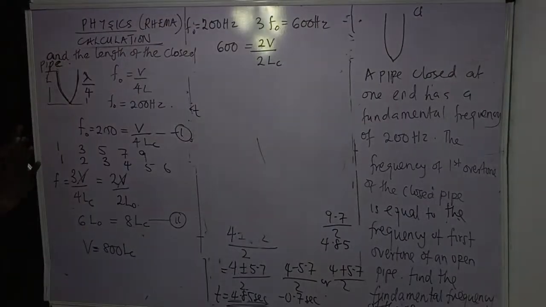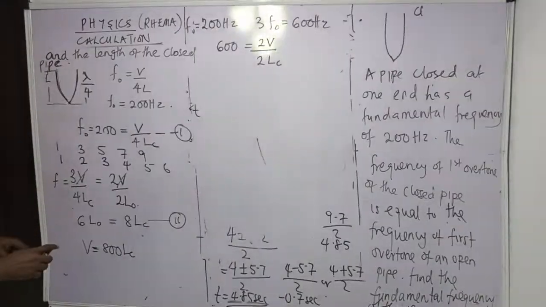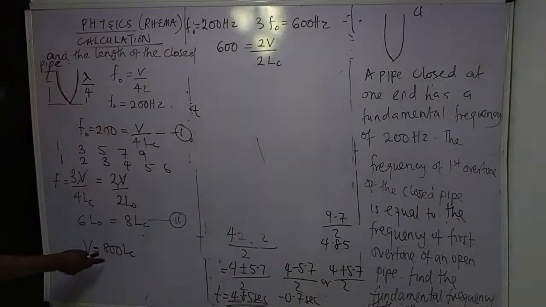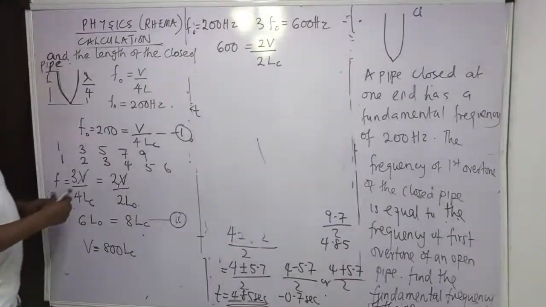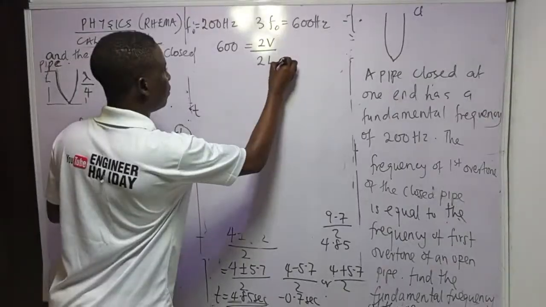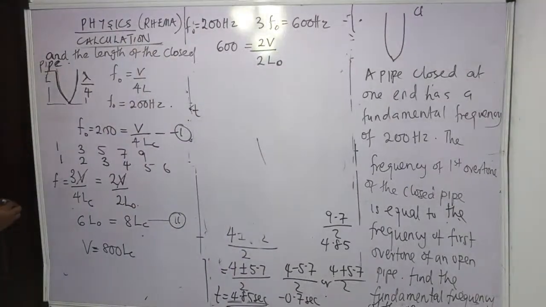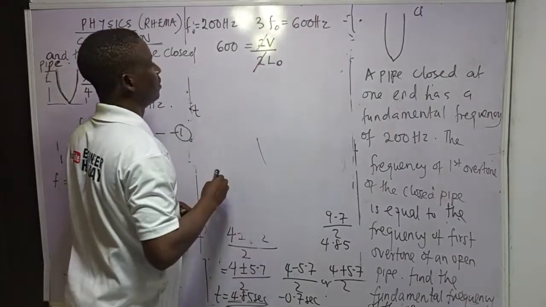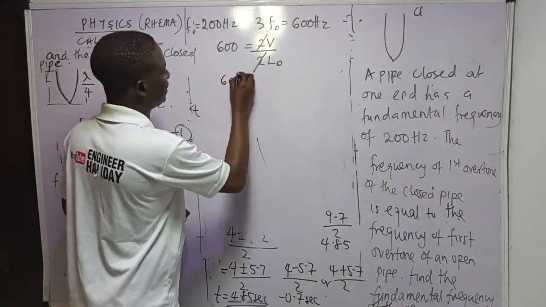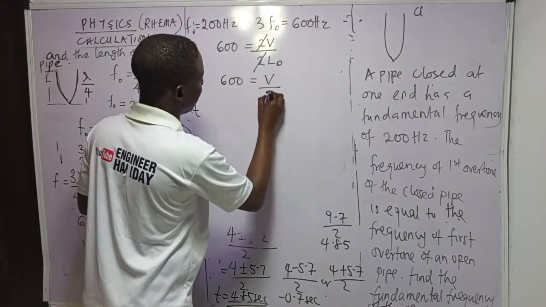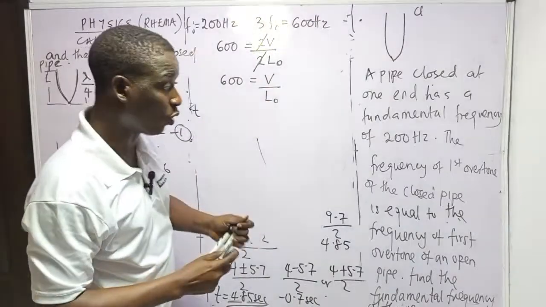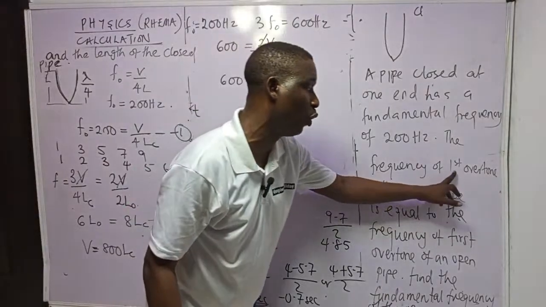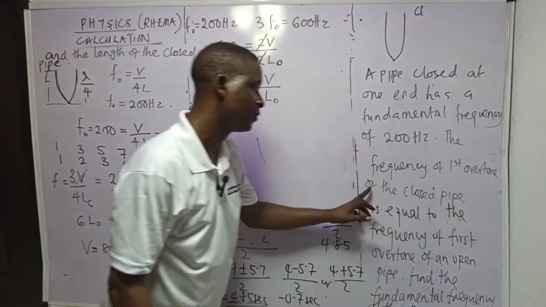Now, look at the board. We have made it very clear and very easy. This is the open pipe, not closed. So this one will cancel out this. Then we are going to have 600 equal to V over L naught. Don't forget that what I did was equate the frequency of the first overtone of the closed pipe.